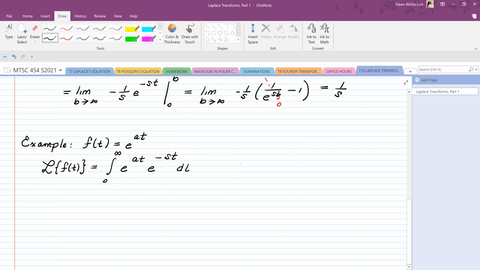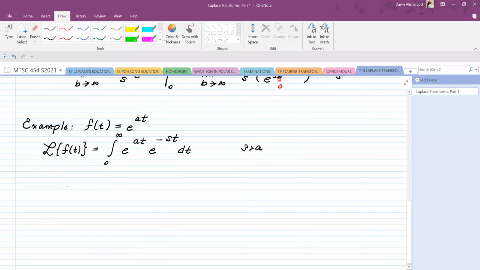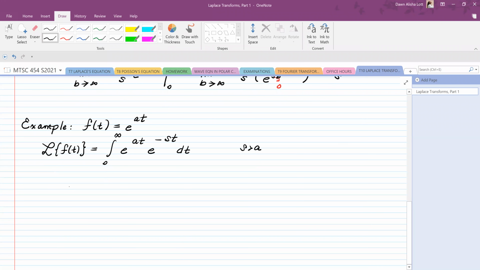And here the assumption is s is bigger than whatever a you're looking at. So this becomes the limit as b approaches infinity of the integral from 0 to b of e to the minus (s minus a) t dt.